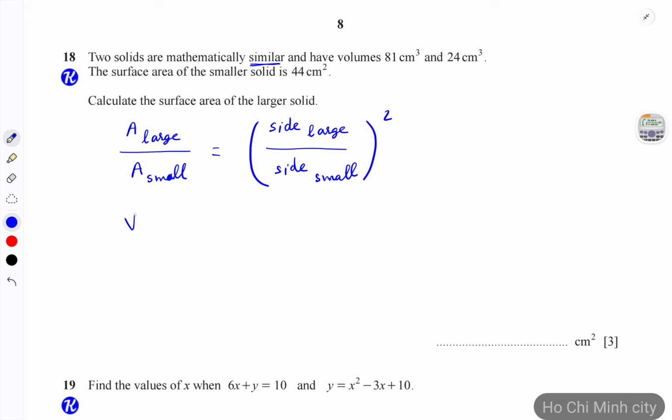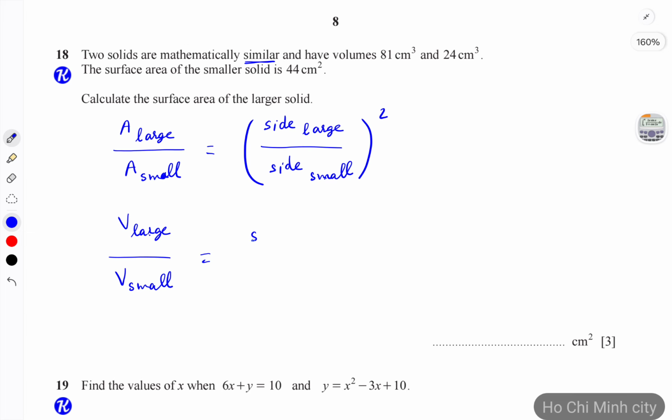And we also have the volume of the large divided by the volume of the small is going to be the cube of the ratio between the sides. So it is the side of the larger one divided by the side of the smaller one, cubed.